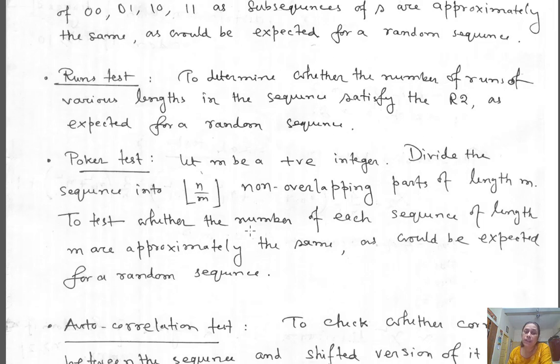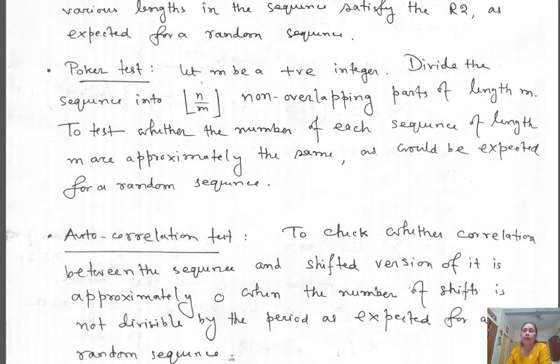Now we test whether the number of occurrences of each sequence of length m is approximately the same as would be expected for a random sequence. You divide the total string into non-overlapping strings of length m each, and each m length string gives you a pattern.